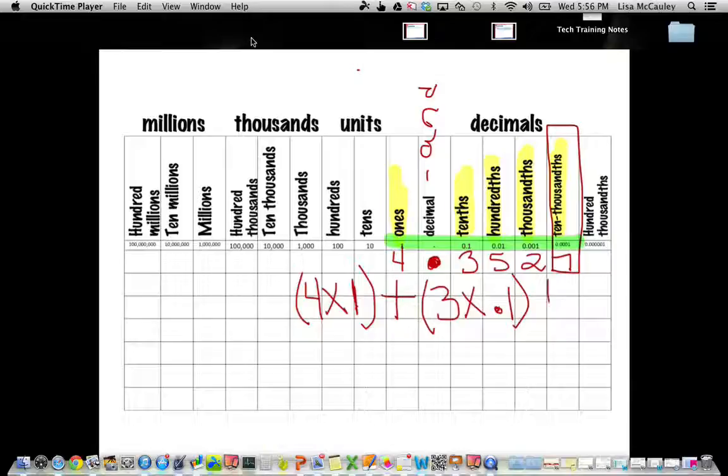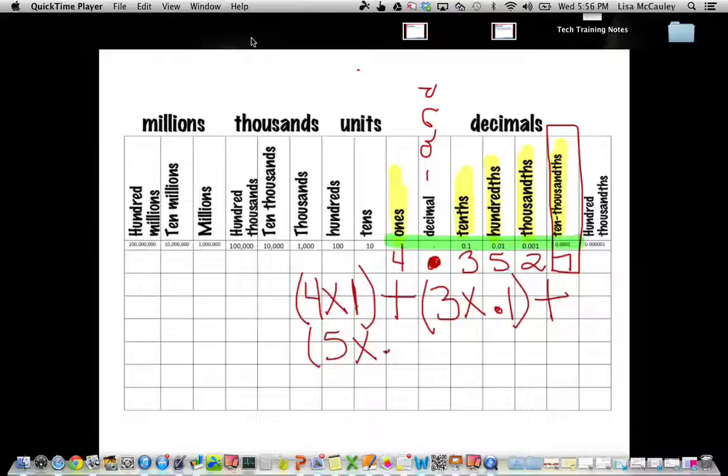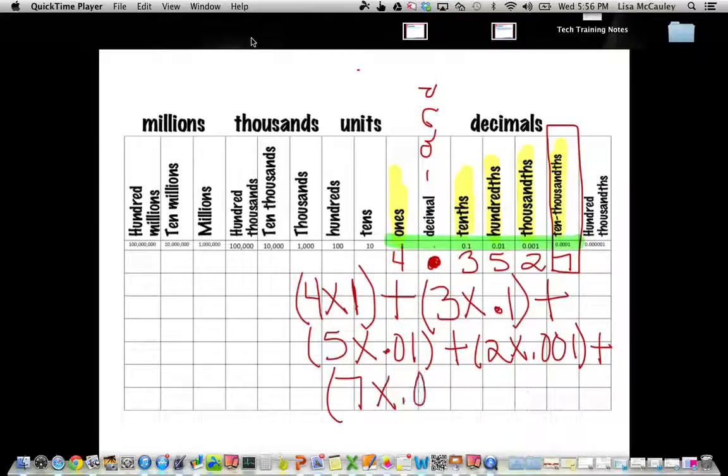plus 5, that's the third number, times 0.01, plus 2 times 0.001, plus, last one, 7 times 0.0001.